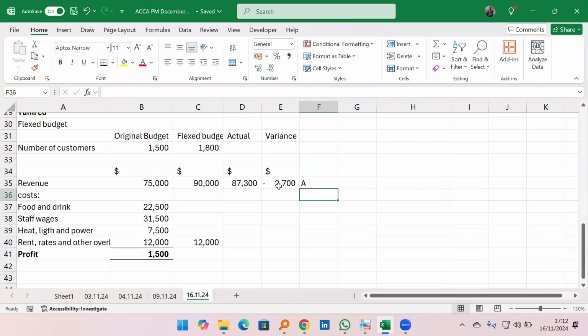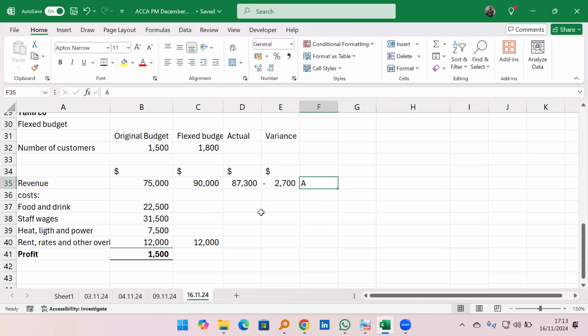What you need to realize is that the sign can indicate adverse if you say so, but it's always good for you to put adverse, because the sign depends on what you subtracted first. I could have done this minus this, or this minus this, and I get a different sign. But what you put here tells you whether it is adverse or favorable.